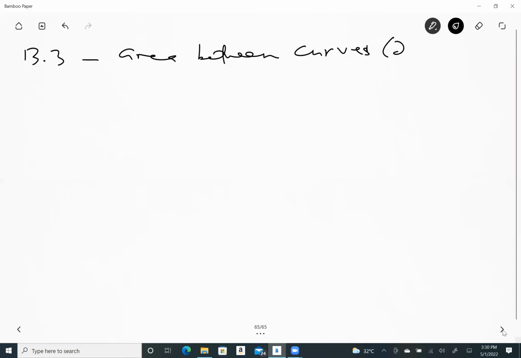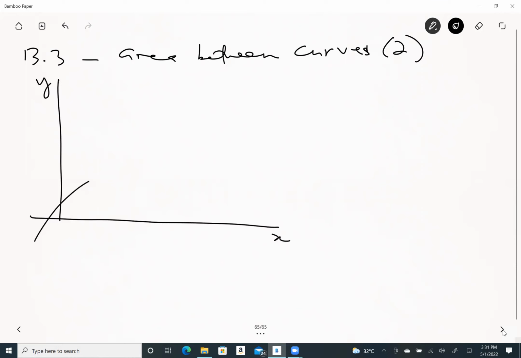Kita selalu nyebut dua curve, between two curves. Let us start with an example, just to get the idea. I sketch one graph. Let's say I have here y equal to f of x, and this is the origin.